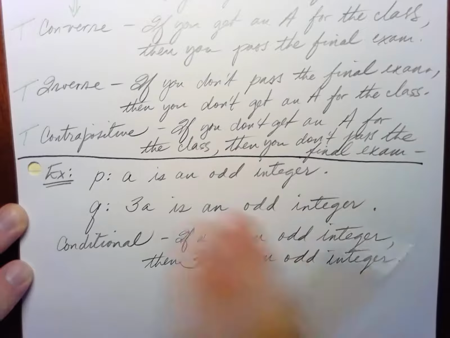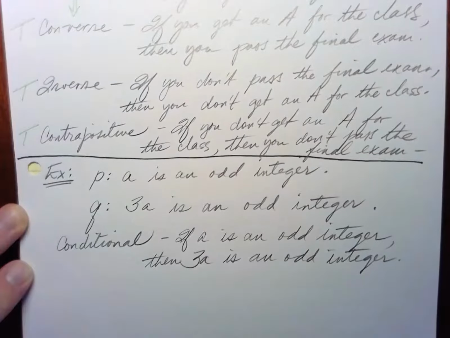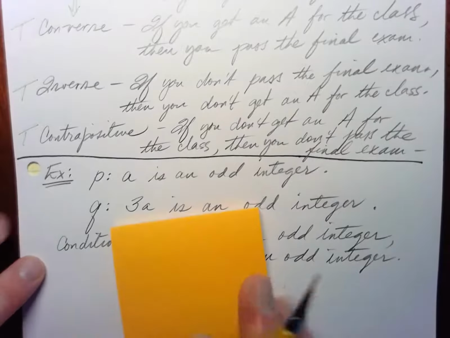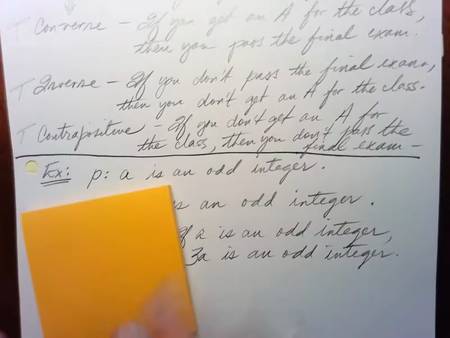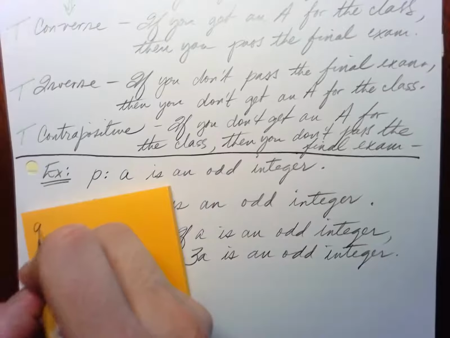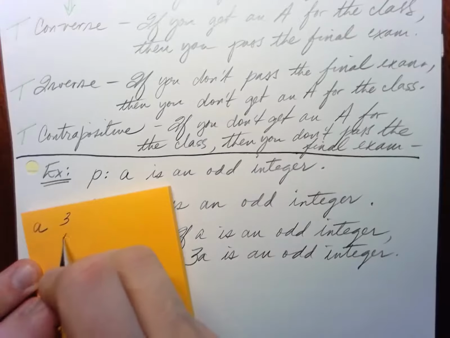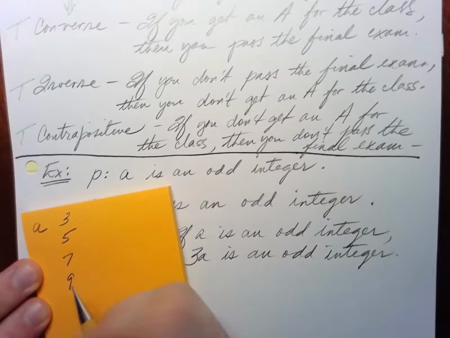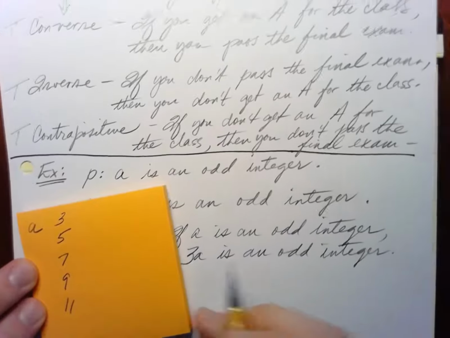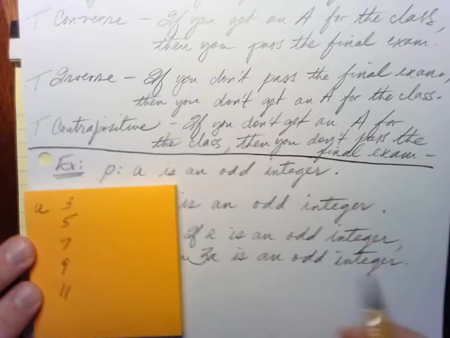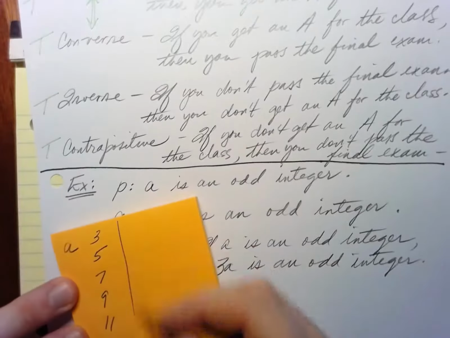Well, let's think about some examples of this, okay? So if A is an odd integer, so A has to be things like 3, 5, 7, 9, 11, so on and so forth. Then 3A is an odd integer.